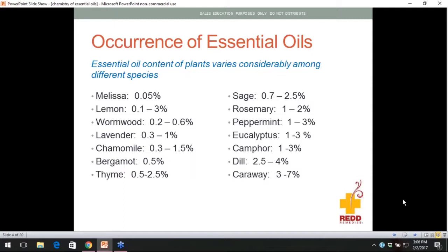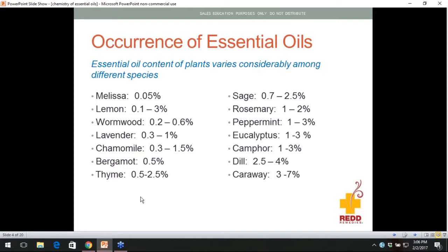You have as low as 0.5% in Melissa, so this lemon balm is Melissa, all the way up to 7% in caraway. And there's going to be a range for most of these because so many different factors will play a role in how much essential oil is available in a particular plant, and we'll go over those in a second.